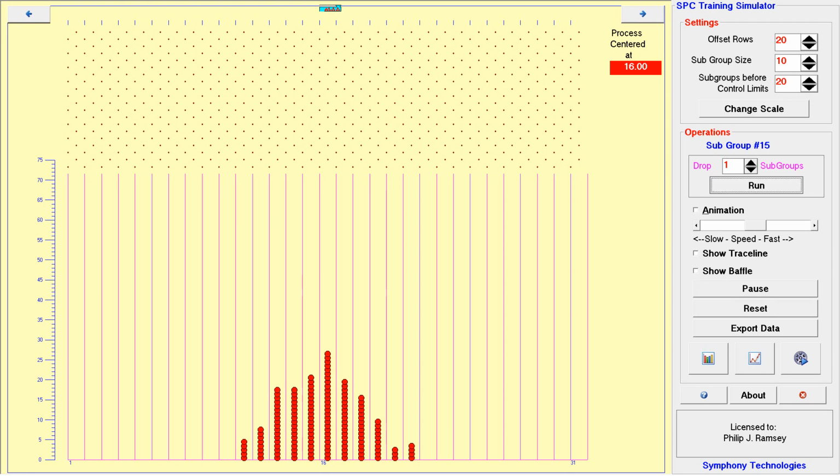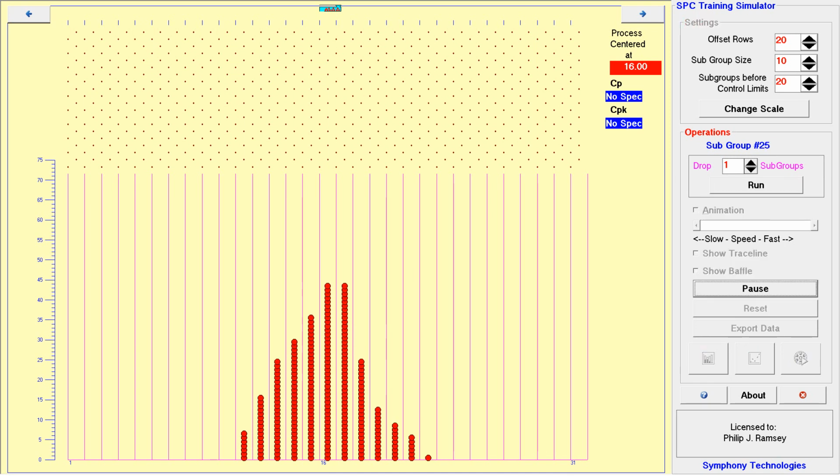So when we watch a distribution develop, it tells us a lot about how the variable varies. So in our case, I'm dropping a lot of beads, and we're seeing that the distribution is somewhat mound-shaped, and it's centered at around 16, as you would expect.